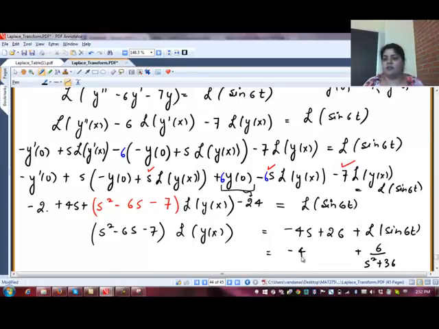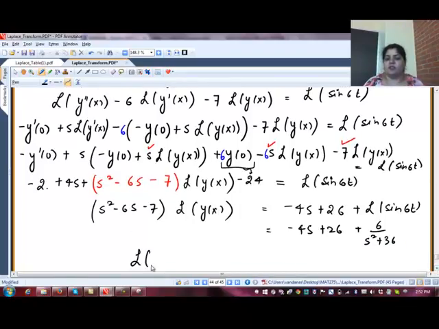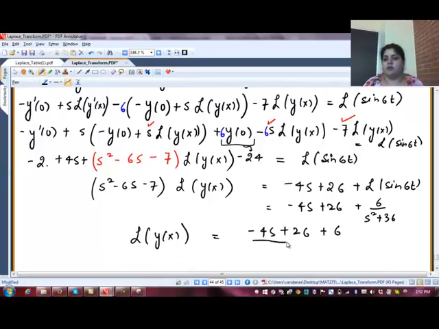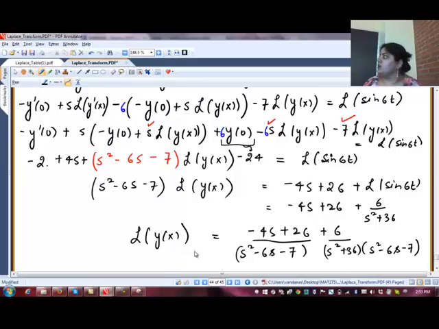And you have here minus 4s and 26, and then you divide the entire expression by this. Now you can see this is an algebraic expression.